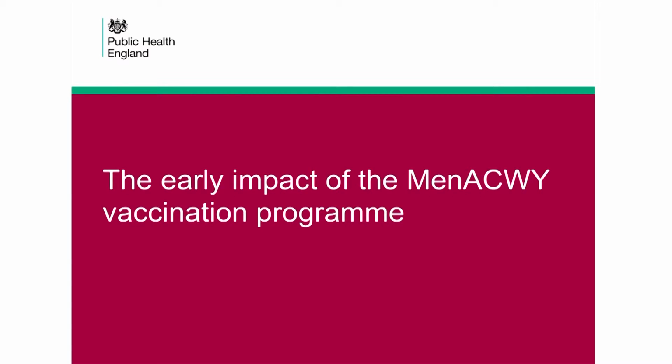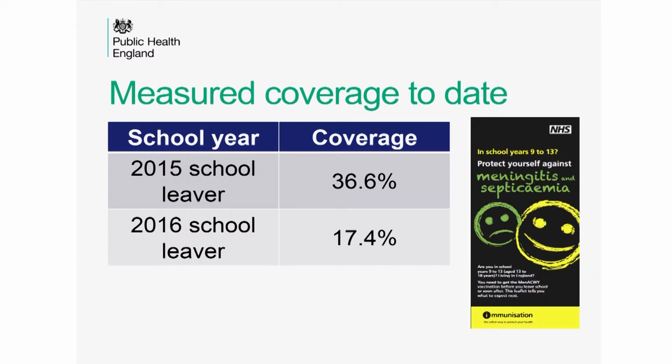Okay, so what have we seen since the vaccine programme has been introduced? Uptake. Now this, what I'm showing you, is based on our school leaver programme, and I would say that these are children who have been called back by general practitioners to be vaccinated. The younger children will be offered vaccine at schools, and we expect coverage to be much higher in those age groups based on our previous experience.